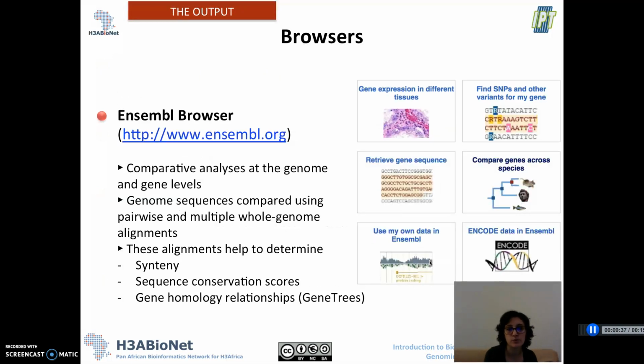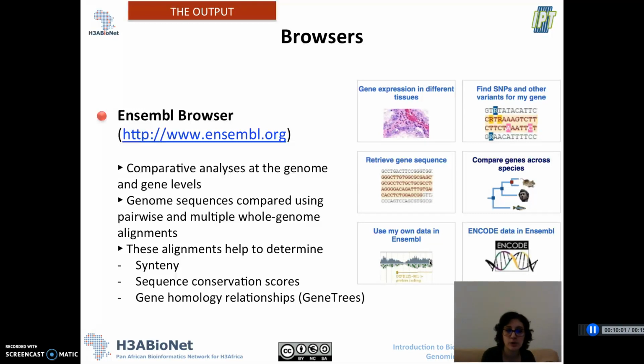So another browser would be the Ensembl browser, for which you have different kinds of resources available. This would allow you to have comparative analysis at the genome and the gene levels. You can also use sequences, so portions of genomes, that could be compared using pairwise or multiple whole genome alignments.